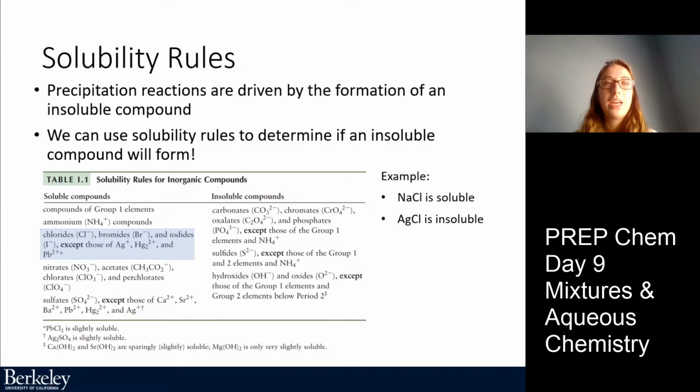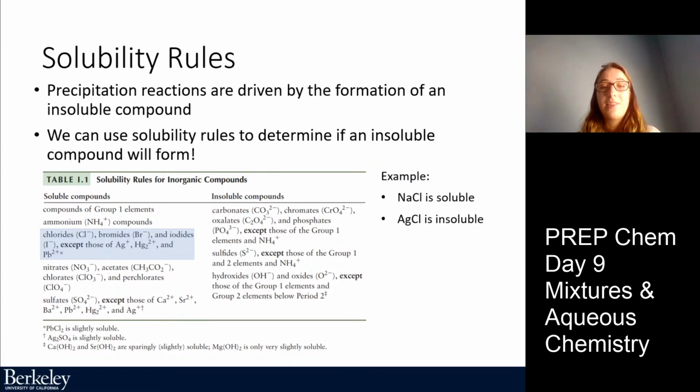So if they're on the left-hand side of the table, that means they're always soluble. Because of having a chloride anion and the sodium cation, according to these rules, it has to be soluble. So that would lead us to believe that sodium chloride is soluble.